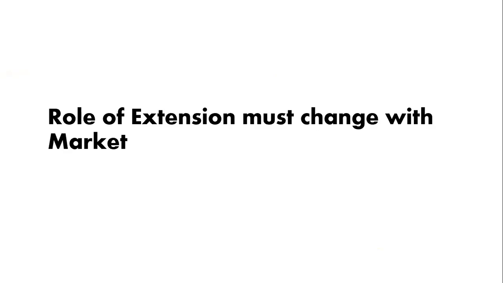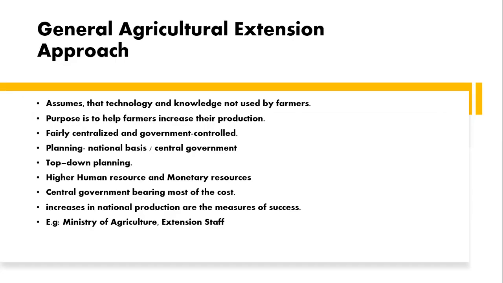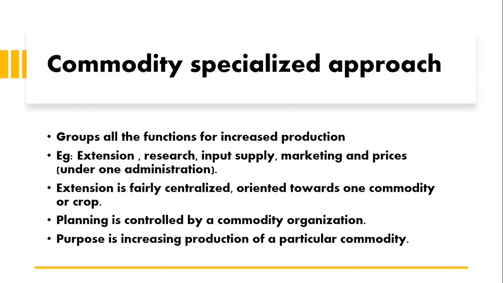Therefore, the role of extension must be changed with the market demands, right? Because in the general extension approach, the top management, the people who are planning in the central governments, believe there is a technology and knowledge gap. Therefore, they plan and use human and monetary resources to send that technology and knowledge to the farmer.